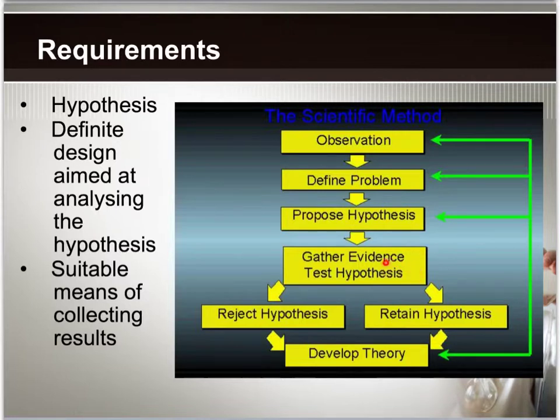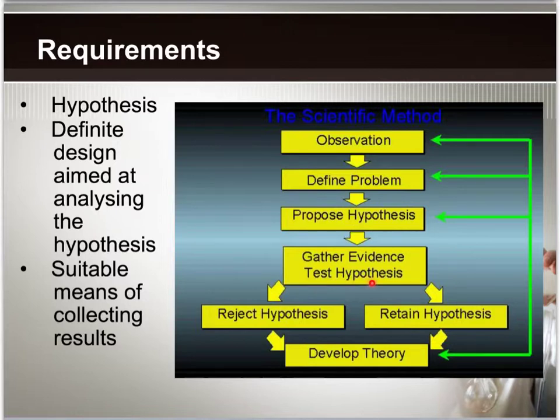This will then enable them to design an experiment which can test the hypothesis. The testing of the hypothesis is really the experiment itself. And when gathering the evidence and proposing the hypothesis, what the scientist is doing is really narrowing down the criteria that they're going to be focusing upon. I'll get to this in more detail later.